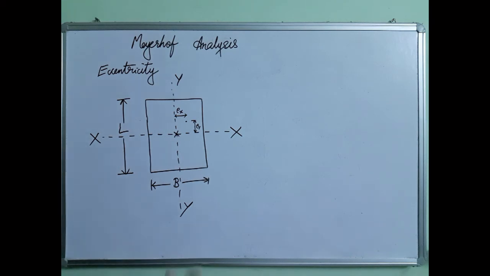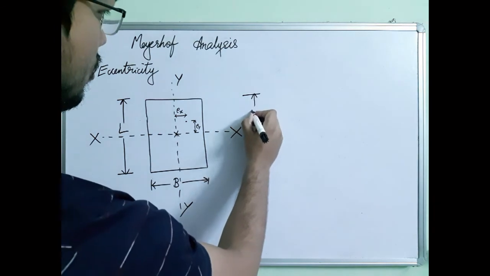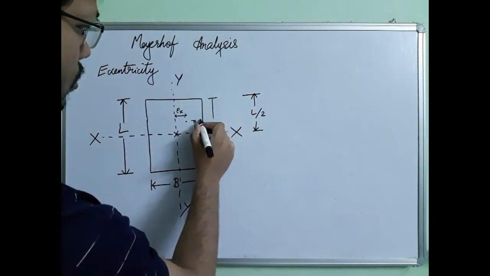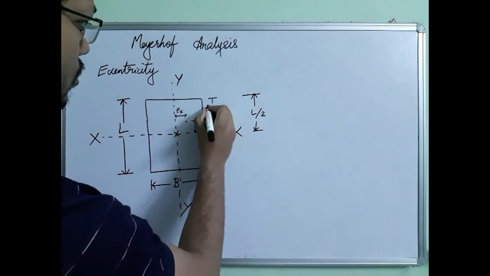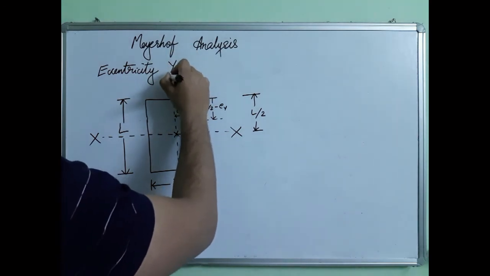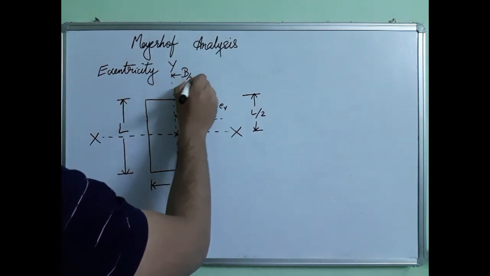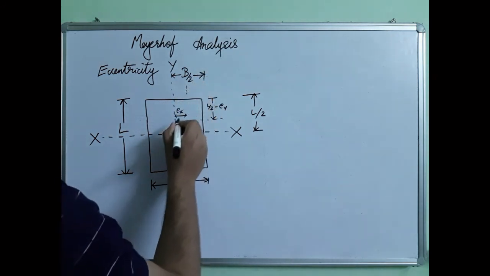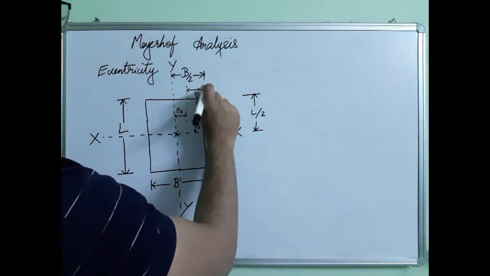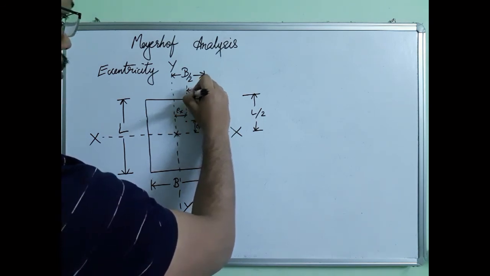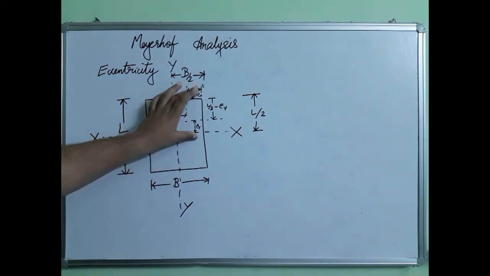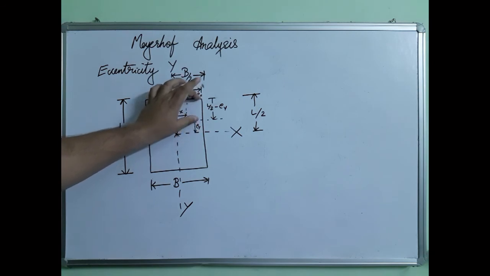Now see, if this is L, this is L by 2, and if this is Ey, then this will be L by 2 minus Ey.